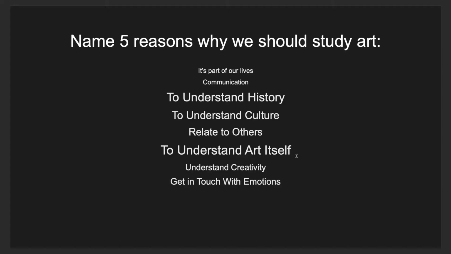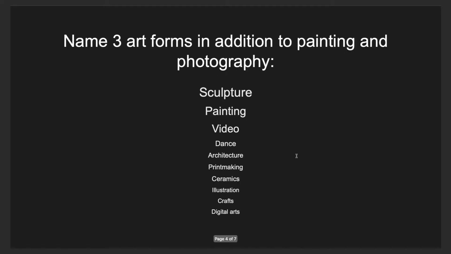Answers for 5 reasons why we should study art. The big ones were to understand history, to understand culture, to relate to others, to understand art itself. Name 3 art forms in addition to painting and photography. A lot of people said sculpture and video.